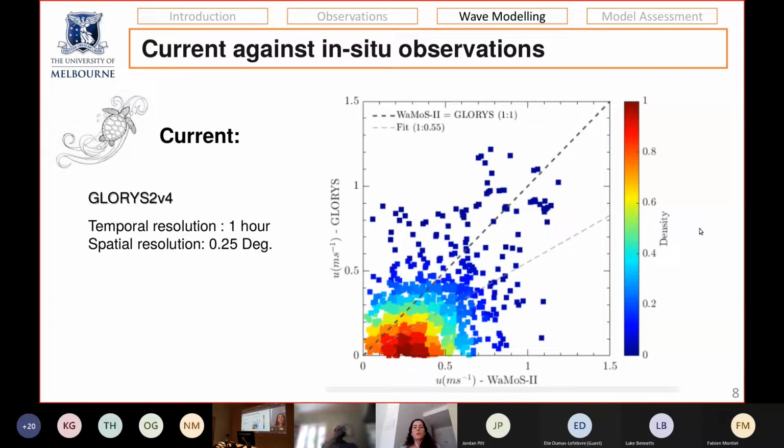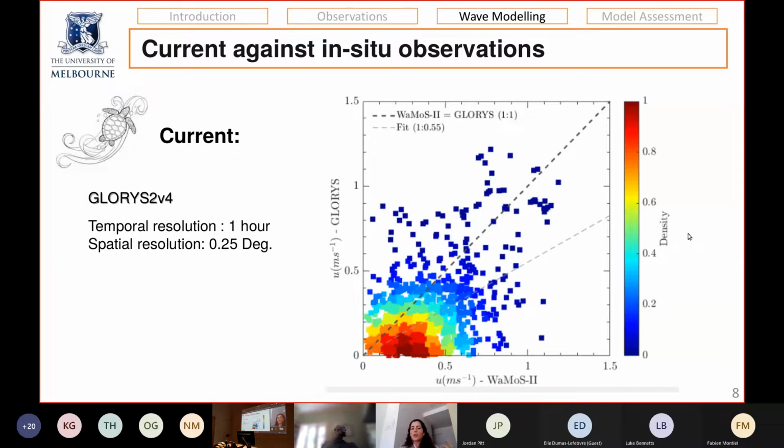Another thing to look at was to make sure we know what we are feeding into the model, how good our current is. From our observations during ACE, we had the surface current, so we could compare the current that we are feeding into the model against our own in situ observations. It is interesting to see that the current speed is underestimated by GLORYS by about half.